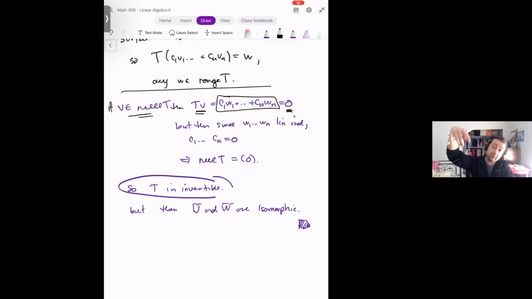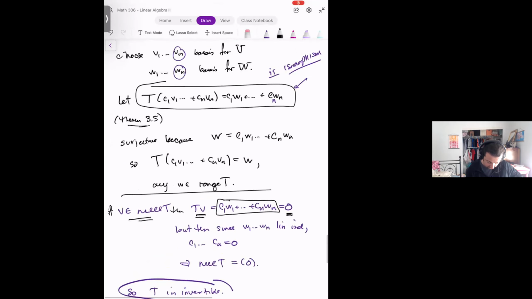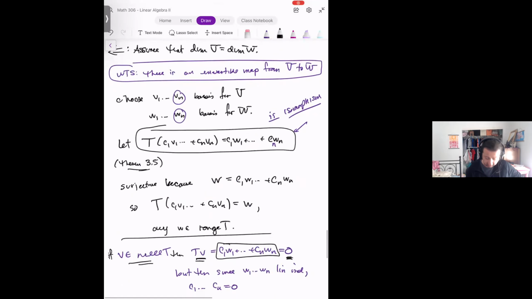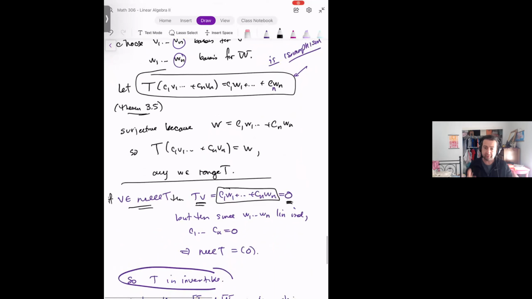But the coefficients on the W's were the same as the coefficients that originally existed on the V's, because we defined the map to do that, right? We defined the map to say T takes in a vector V, takes the coefficients of the V vector, and spits them out as the coefficients of the W vector.